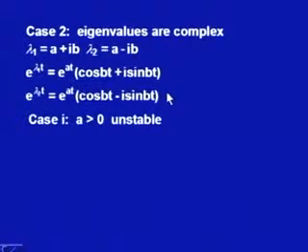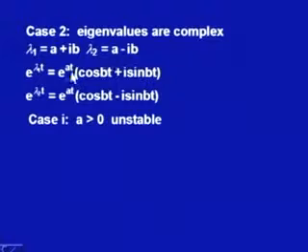Now, in this case, the solution will depend on the sign of a. The sine and cosine functions remain bounded, so their values cannot increase beyond 1 or minus 1.